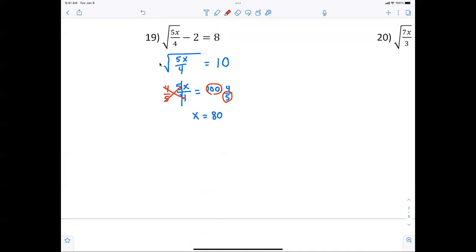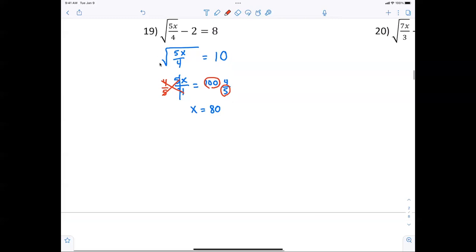Multiply by 4, and then divide by 5. What is the difference between multiplying by 4 and dividing by 5 and multiplying by 4/5? Nothing. You're exactly correct. Some people need to do that because they don't understand fractions, but you do. So you multiply by the reciprocal.